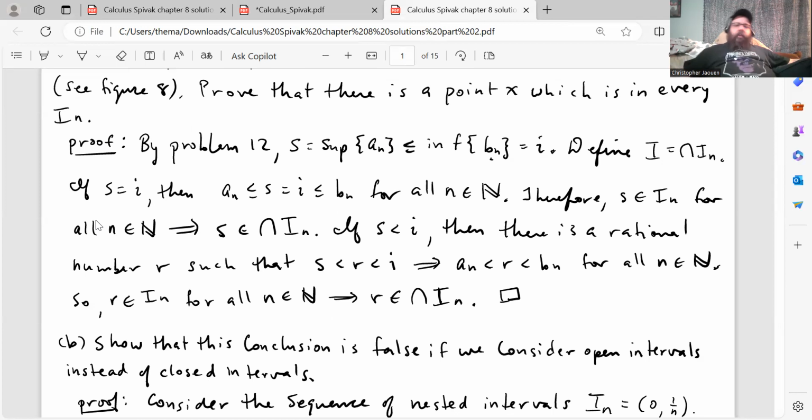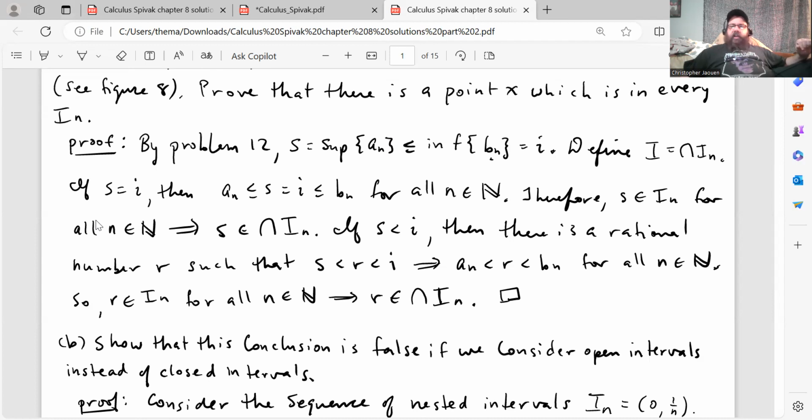So by problem 12, S equals the supremum of the sequence of ANs, which is less than or equal to the infimum of the sequence of BNs, which I'm calling I. So S is the supremum of the ANs, and I is the infimum of the BNs. That relationship follows just from problem 12, right?